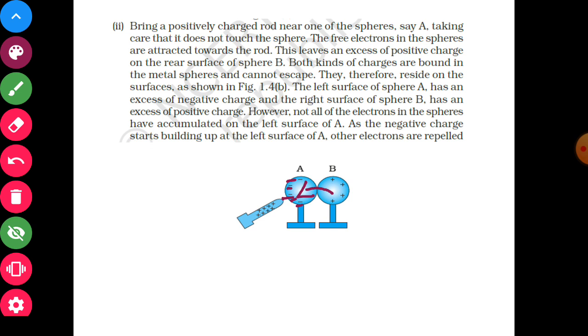So all the electrons are not going to come to the left-hand side. The electrons are getting piled up on the left-hand sphere, and due to that, some of the electrons have left sphere B also. So sphere B becomes positive.